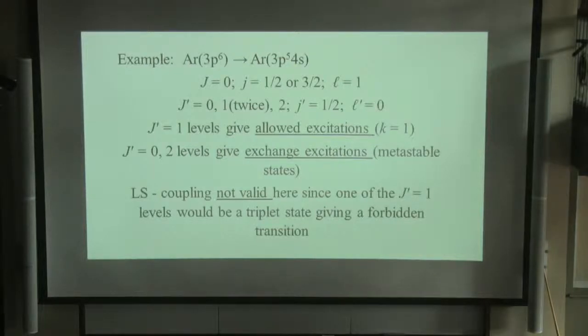And the ground state's a singlet, so triplet to singlet is not allowed. But that's not true. You do get a strong transition between the J equals 1 state, which is normally called the triplet state, and the ground state. So there is mixing even at this stage of the game. And of course, the relativistic calculation will do this automatically. You don't have to worry about it. It comes out of the wash, in a sense.